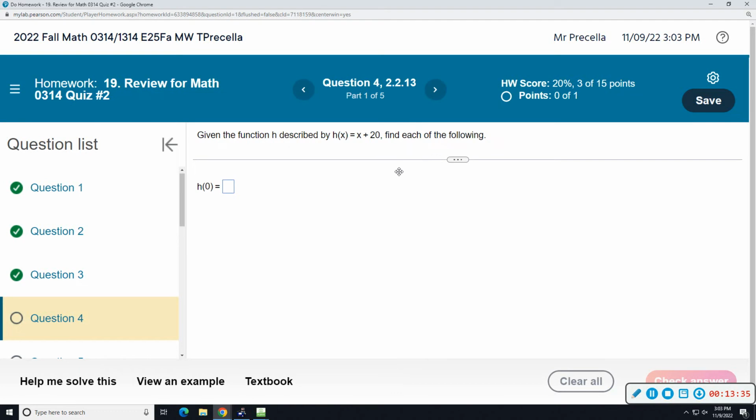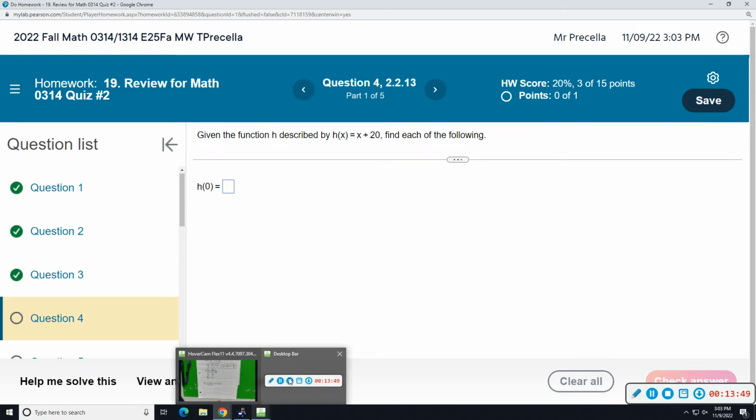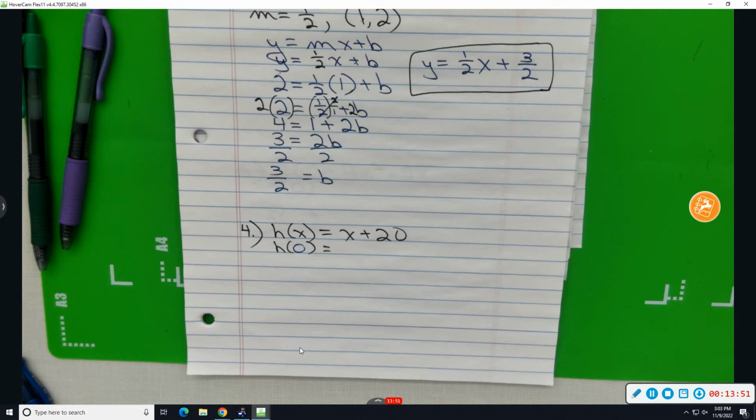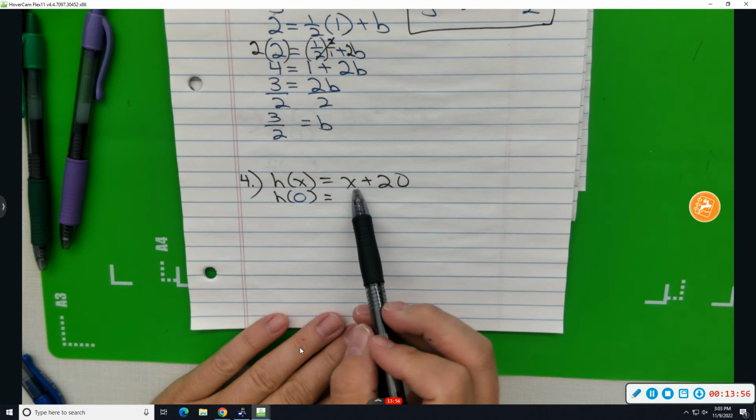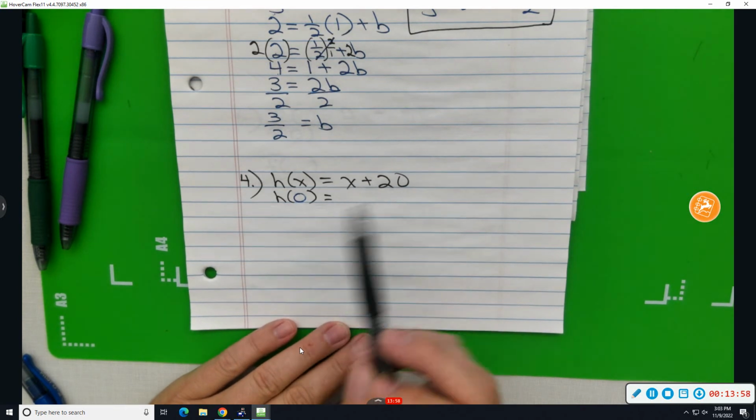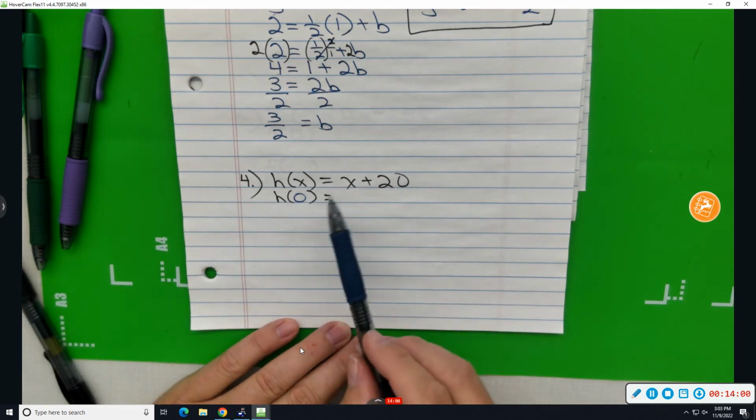Number 4. Oh, it looks like we're looking at some function notation. h of x is equal to x plus 20. They want us to find h of 0. Here's the function. h of x equals x plus 20. They want us to find h of 0.